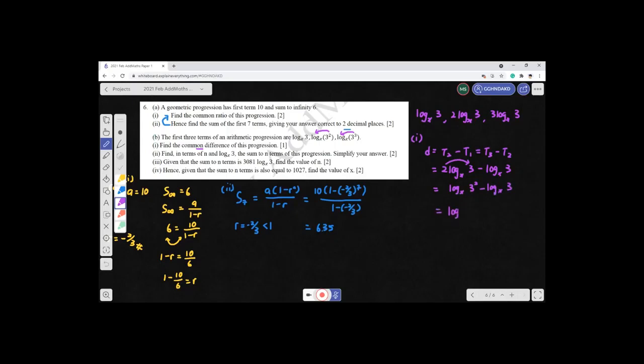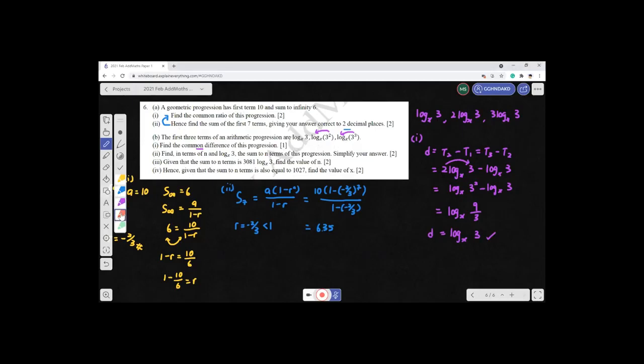So when I divide, I will get 9 over 3, 3 squared divided by 3, so I will get log x3. That is your common difference. That's the common difference only, 1 mark only.